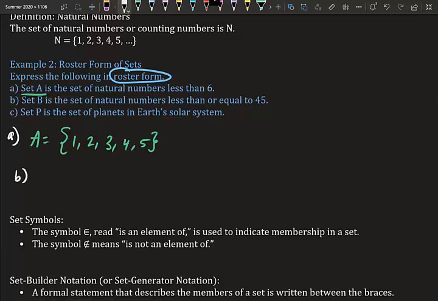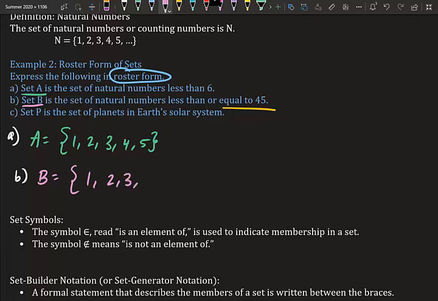Alrighty, set B is the set of natural numbers less than or equal to 45. So B equals the natural numbers less than or equal to 45. With natural numbers you're always going to start at 1. So we have our braces, and we go 1, 2, 3.